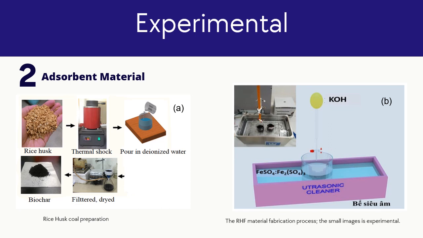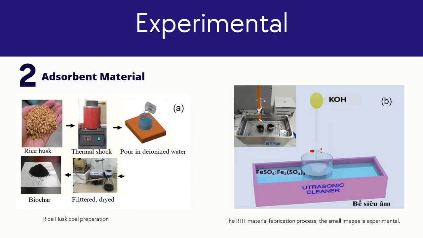Rice husks are washed and cleaned with double-distilled water and dried before being burned at a high temperature of 800 degrees Celsius for 5 minutes, rapidly poured into cold water before filtering, and dried at 80 degrees Celsius for 24 hours to obtain dry activated carbon, as you see in picture A.